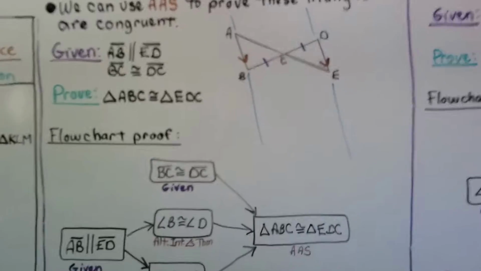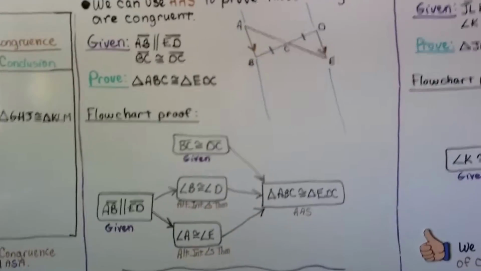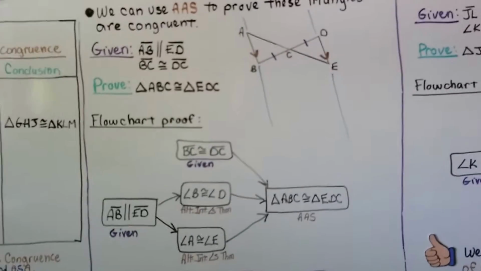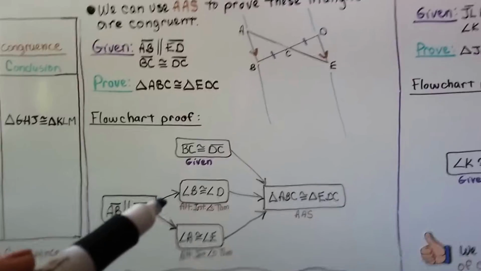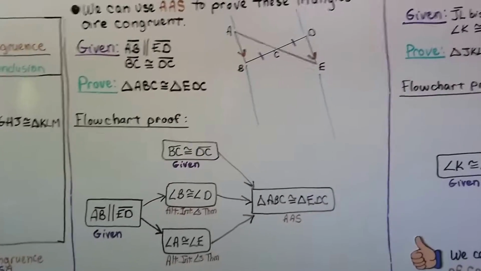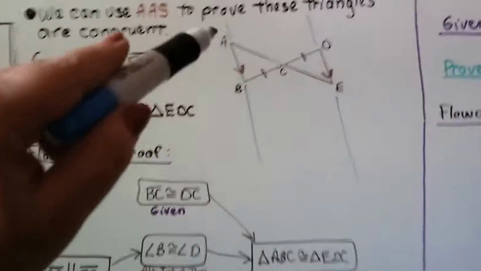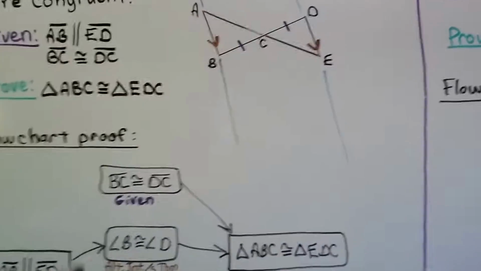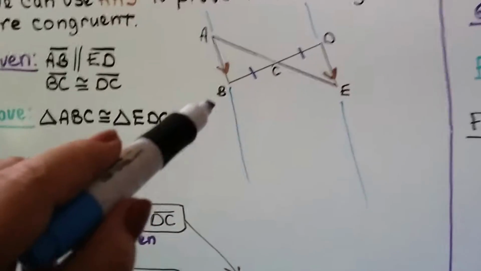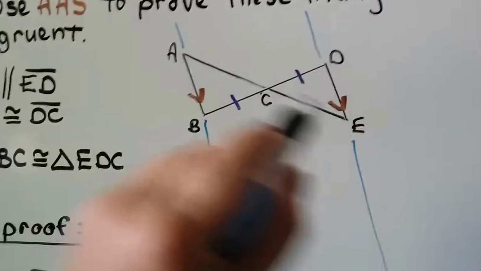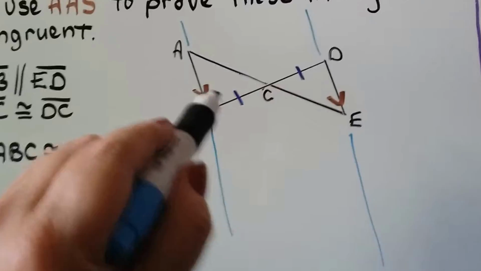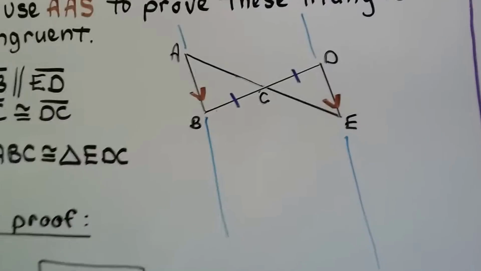So we're going to do a flowchart proof. And it's given that segment AB is parallel to segment ED. And that brings us to angle B is congruent to angle D. If AE is a transversal, then this angle B and this angle D are alternate interior angles, aren't they?